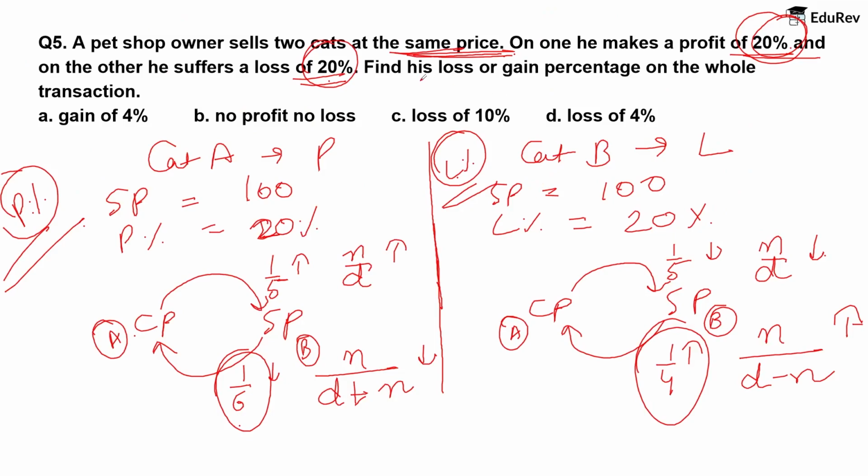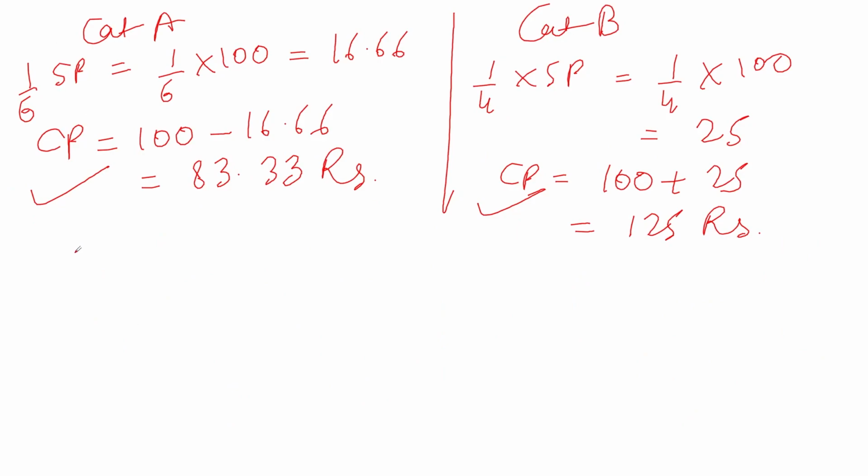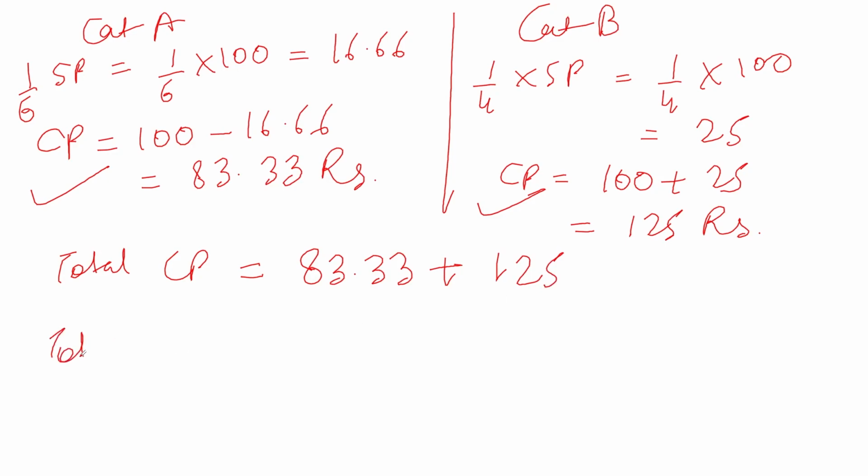So over here, I have the CPs for both and SPs for both. The question is asking me to find his loss or gain percentage on the whole transaction. So for the whole transaction, I need to know the total CP. So total CP is nothing but 83.33 plus 125, and total SP is nothing but, you know, the SP for both was the same, 100 plus 100.